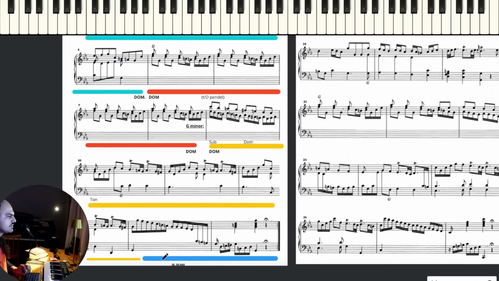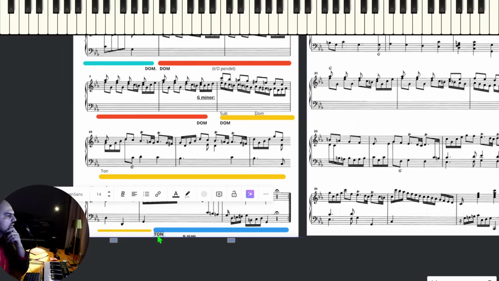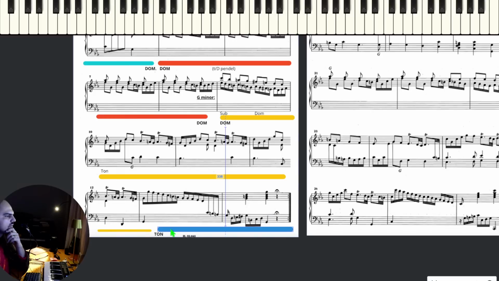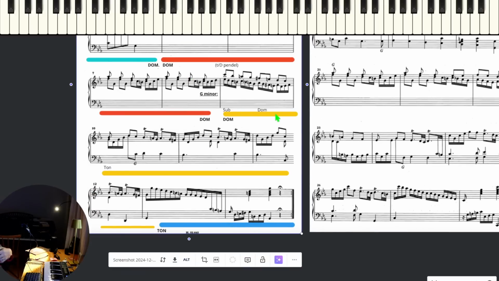And blue is the new tonic. So this is crucial to understand the difference between the functions of the chords and the functions of the keys.